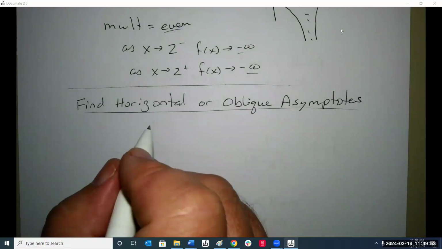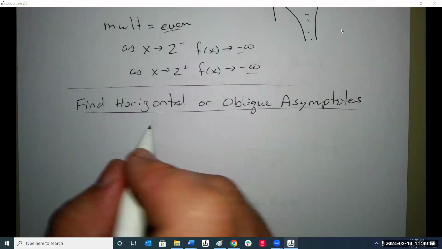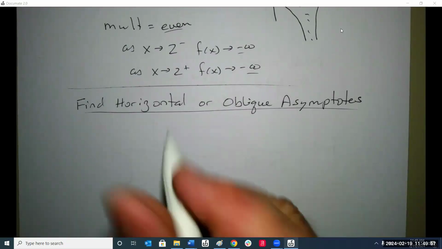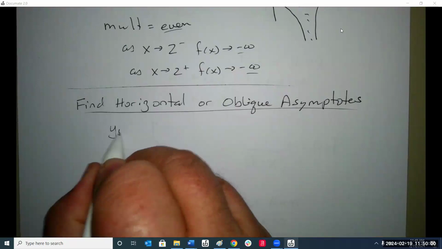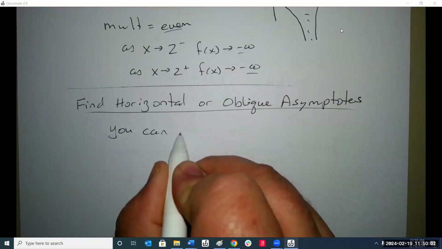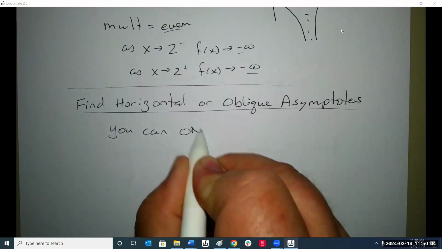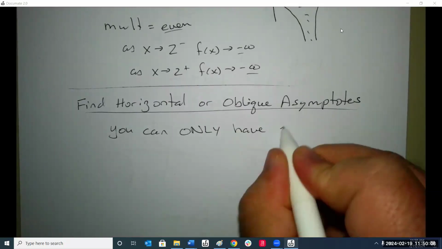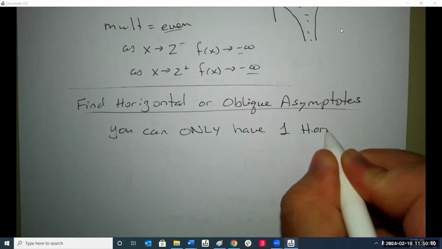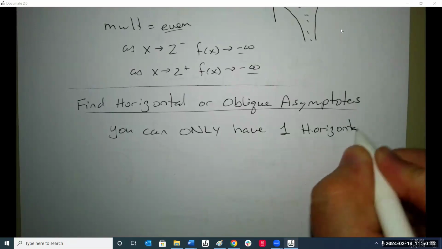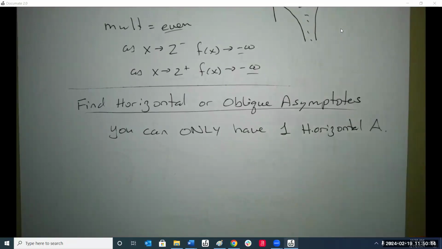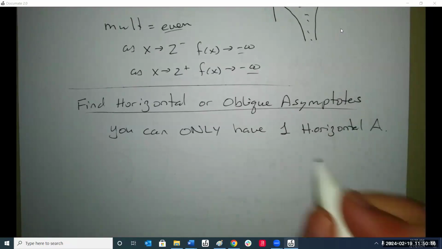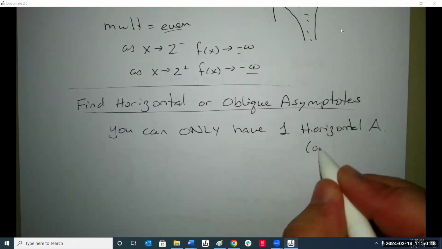You can have multiple vertical asymptotes, but you can only have one horizontal or oblique.